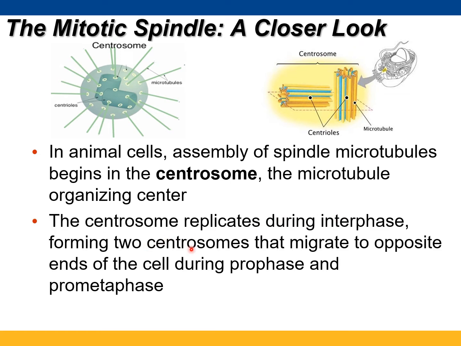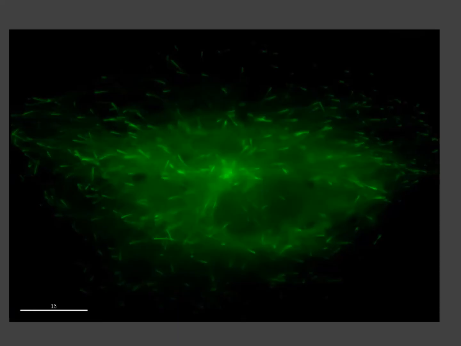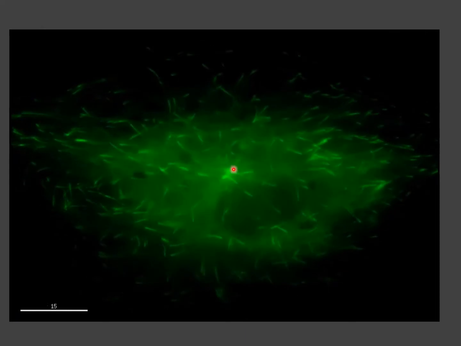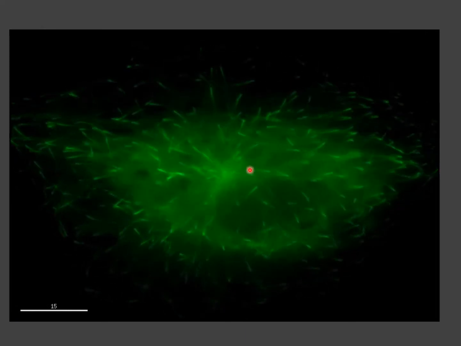Like I said, it replicates during the G1 phase, and it will be prepared to migrate during the early phases of mitosis. This video right here, which I hope will play, if not, I'll make sure that there's a copy of it on ACE for you, is showing the dynamics of a microtubule organizing center, the centrosome, which is centered right here in the middle of this picture.